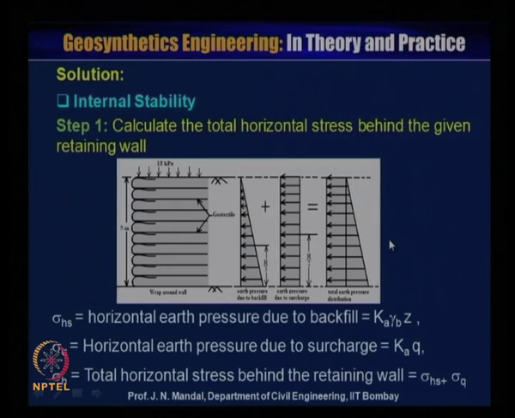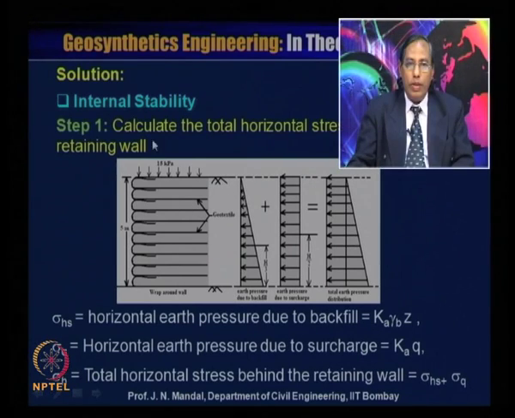Now the solution for the internal stability. Step 1: calculate the total horizontal stress behind the given retaining wall. This is the wall, and this is the soil pressure due to the backfill, designated as sigma Hs.